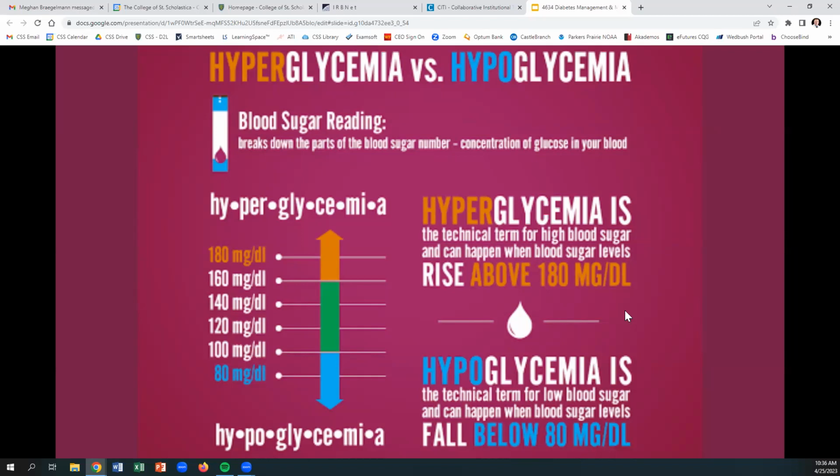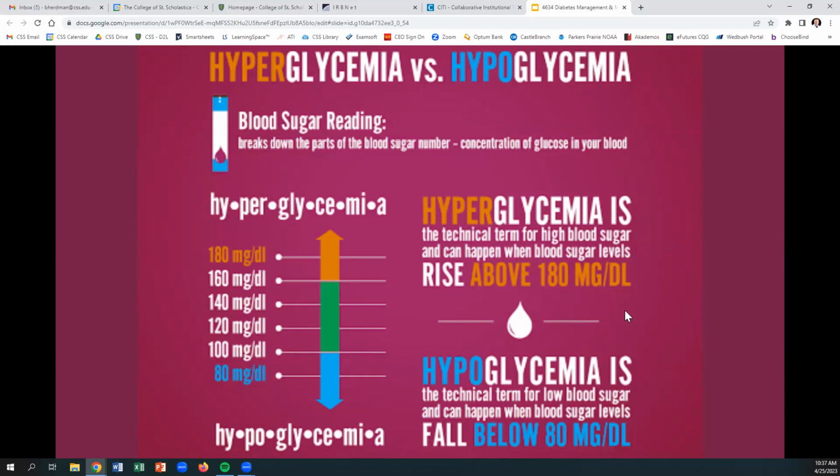Hypoglycemia, on the other hand, is anything less than 80, and some hospital policies will even say anything less than 60 is hypoglycemia. So a lot of this is really facility dependent. Okay.